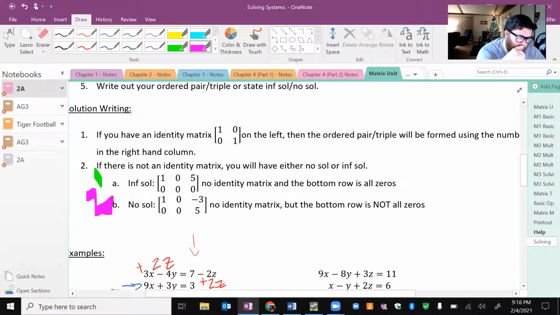If I have infinitely many solutions, that means I have all zeros on the bottom row of my new RREF matrix. If I do not have all zeros on the bottom row, like in the bottom one, it's no solution.